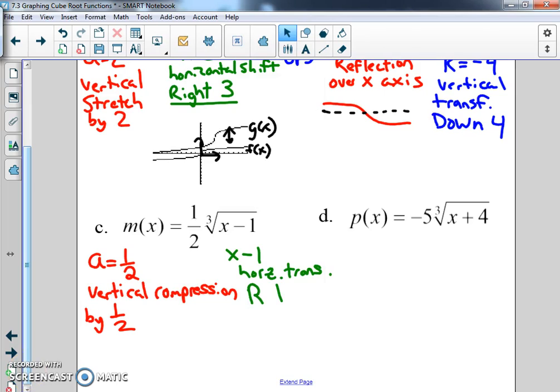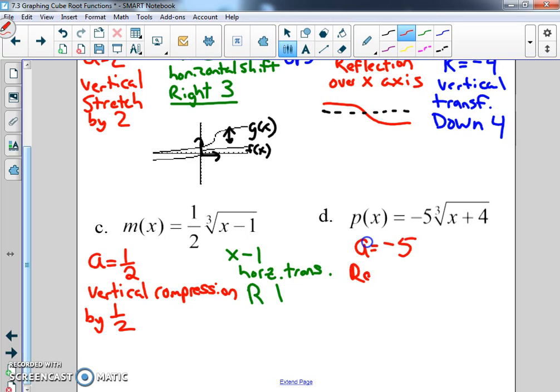For our final example, I have p of x is equal to negative 5 times the cube root of x plus 4. Again, there's nothing outside the radical sign, much like in example 3. So I know that there's no k transformation. There's just an a transformation. So a is negative 5.